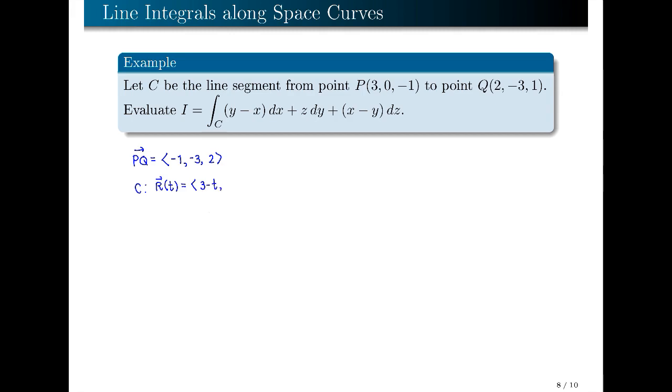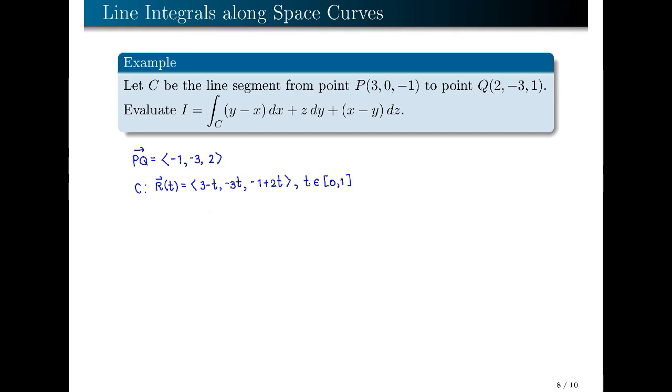Similarly, for the y component, we have 0 plus negative 3t or negative 3t, and for the z component, we have negative 1 plus 2 times t or negative 1 plus 2t, where the parameter t is in the closed interval 0 to 1. You can verify that at t equals 0, we get the point 3, 0, minus 1, which is point P, and at t equals 1, we get the point 2, negative 3, 1, which is point Q.